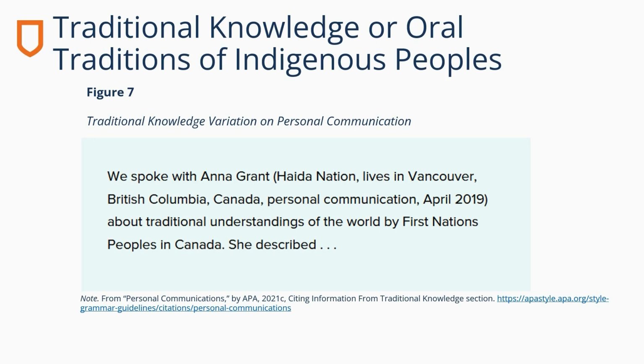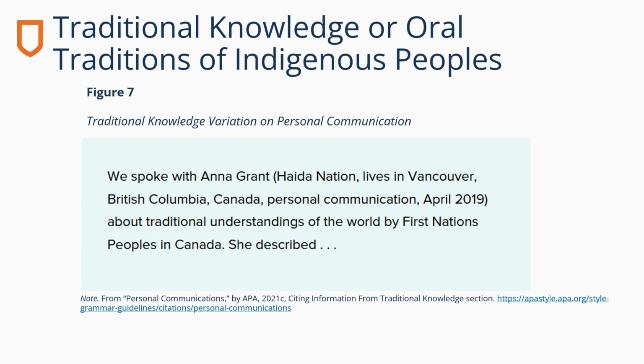Recorded sources that can be accessed by others are cited and referenced like any other source. However, a variation of the personal communication is used for information that has not been recorded. Of course, the person's permission must be obtained to use the information they shared, as well as their personal details.